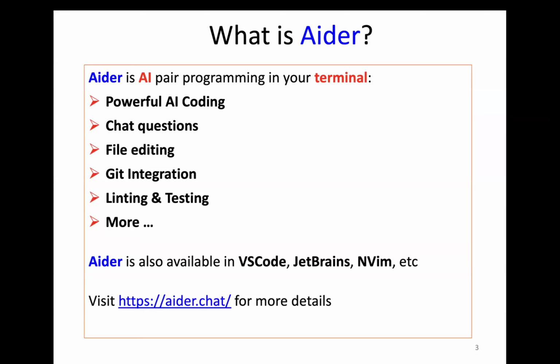It's one of the powerful AI coding tools, and it also provides chatting with questions in your terminal, file editing, and Git integration. For example, if you make some change to your file, it can automatically generate the commit message for you. So it saves you time, and also linting, testing, and more. Go to this website for more detail.